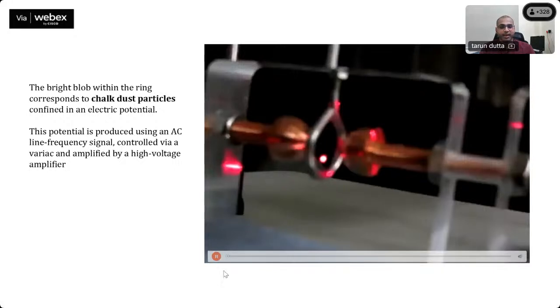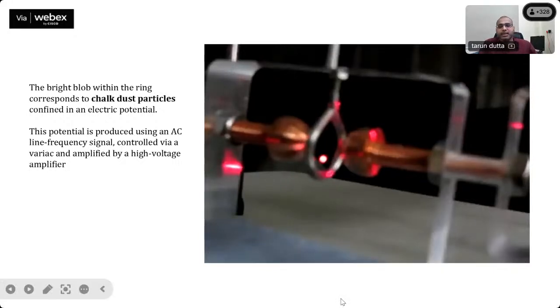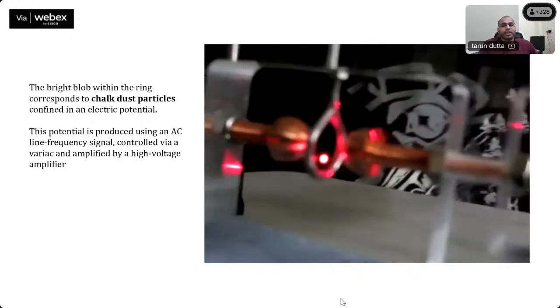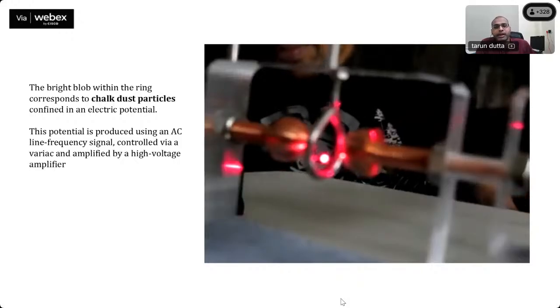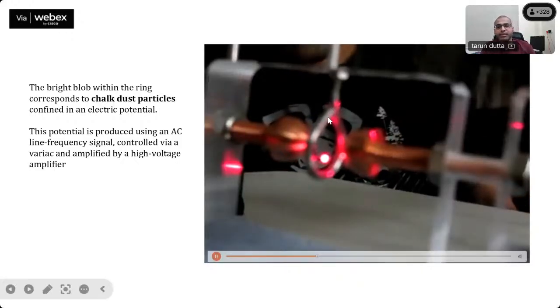This is the first thing I did: trapping a dust particle. You can see the video here. I developed this during my PhD, just to show how easy it is to trap a charged particle. You can see the electrode, and you can get an analogy. The ring is where we apply RF, and the other two end caps are where we apply DC.